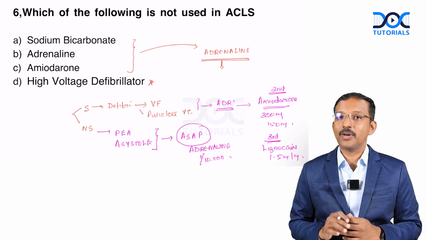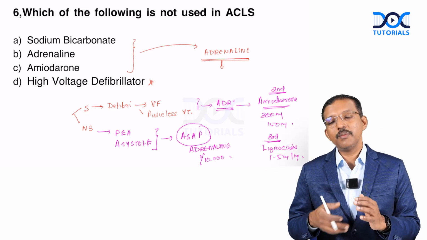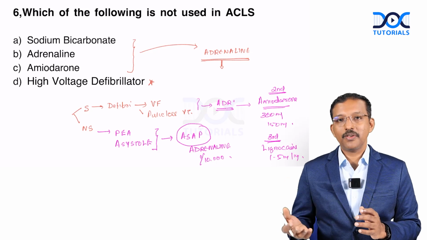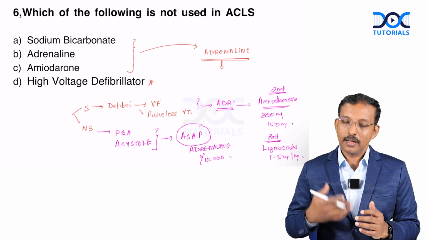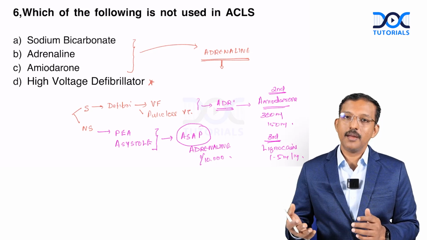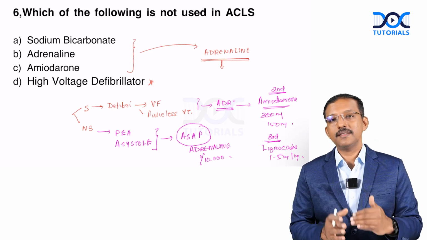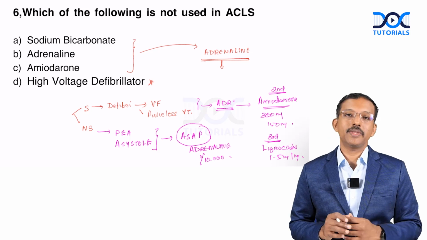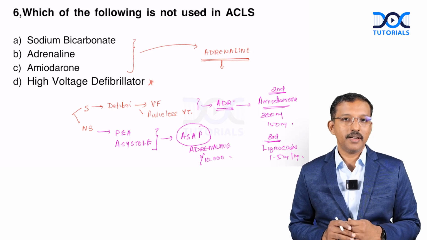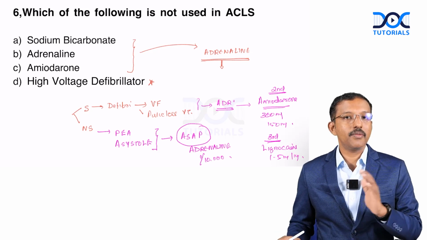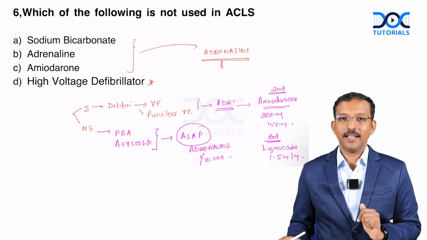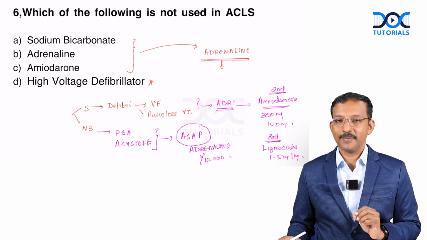That was an older thought. Now we don't believe that. Now we have to improve the cardiac output and the perfusion, and subsequently when you get an ABG and you find acidosis with pH less than 7.25, only then you think about giving bicarbonate, and it doesn't come in the purview of ACLS. I hope the point is clear.